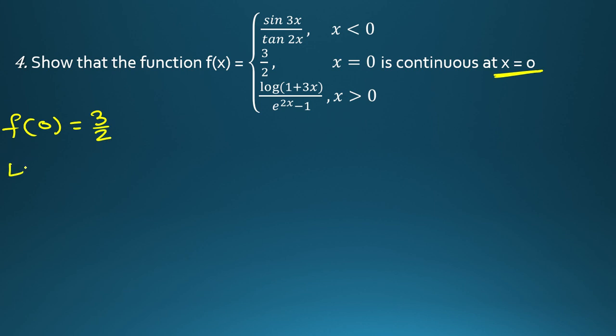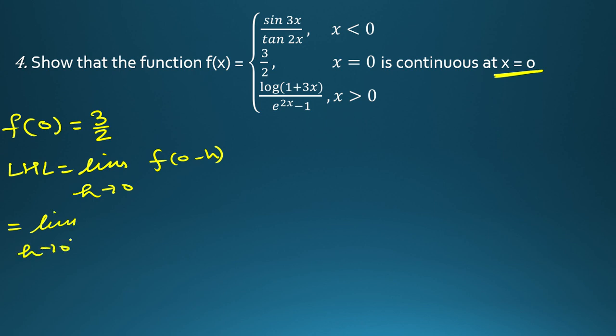Now let's talk about LHL. LHL will be limit h tends to 0 of f(0 minus h), where 0 minus h means smaller than 0, so the first condition: sine of 3 times (0 minus h) over tan of 2 times (0 minus h).